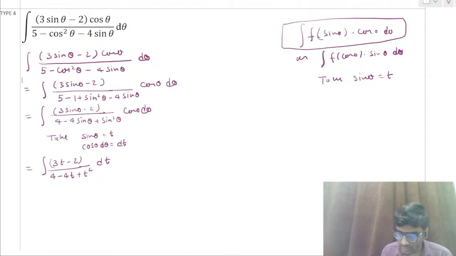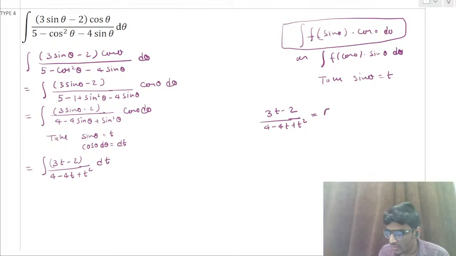Now this integral 3t minus 2 upon 4 minus 4t plus t square, we are going to write in the partial fraction form. How are we going to write?